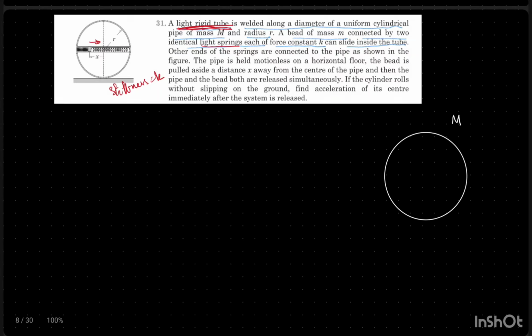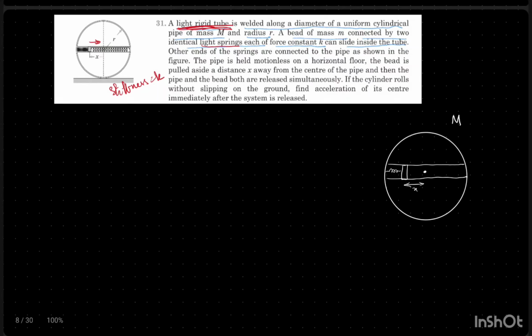So let's just redraw this figure here. So inside this is a tube, and this must be the center, and they told they both are identical, then it must not be the equilibrium position. Let's see.